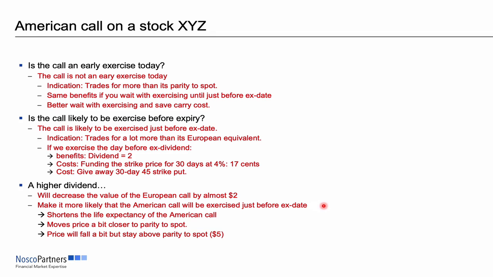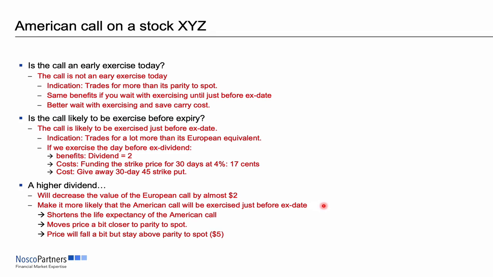Why? Now that the dividend is even higher, the option was already a likely early exercise candidate when the dividend was 2. But now that the dividend is 4, it's even more likely that I early exercise. So now it's very, very likely that I exercise the option just before ex-dividend date.